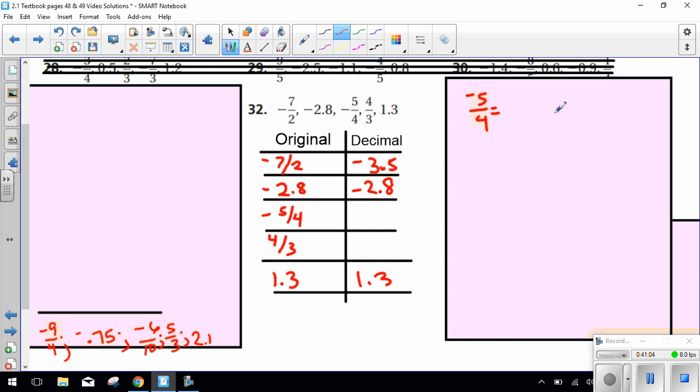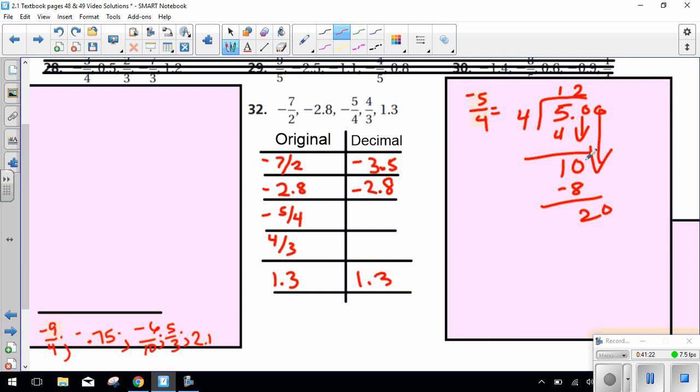So numerator goes in, denominator stays out. 4 goes into 5 1 time, 1 left over, so we add a decimal and a 0, bring down. 4 goes into 10 2 times, 2 left over, 0 and bring down. 4 goes into 20 5 times, 5 times 4 is 20, nothing left over. So my final answer is negative 1, decimal point goes straight up. Negative 1.25 hundredths. Erasing.